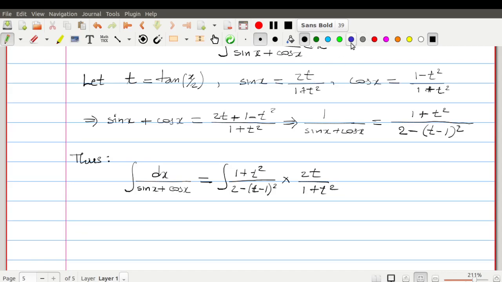So the 1 plus t squared will cancel out with the 1 plus t squared in the numerator. So the final integral will be the integral.